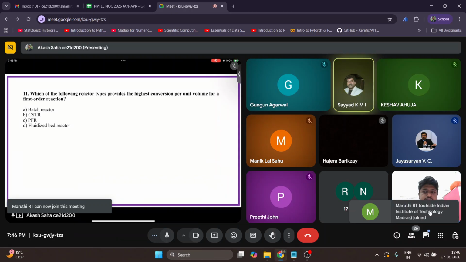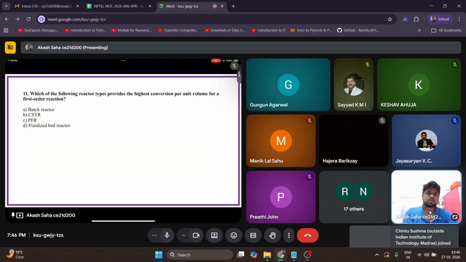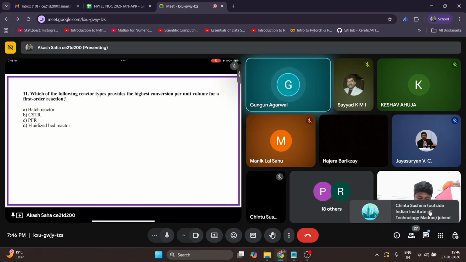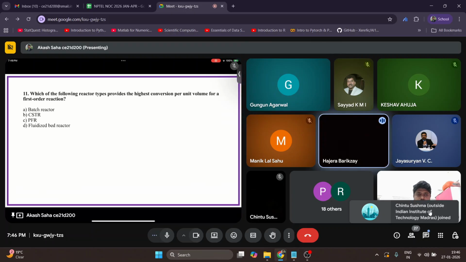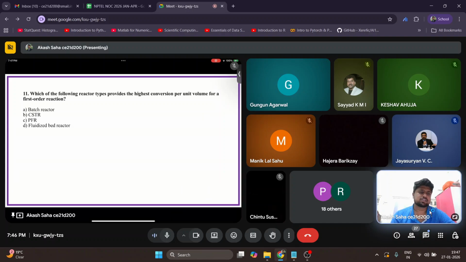Batch reactor? No, that is not the correct answer. Sir, I think option B, CSTR. Well, I guess the PFR is the correct one, since you said it has infinite reactors there, like a plug. Yes, you are absolutely correct.